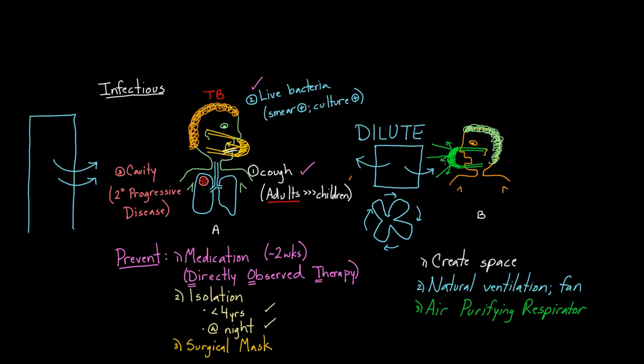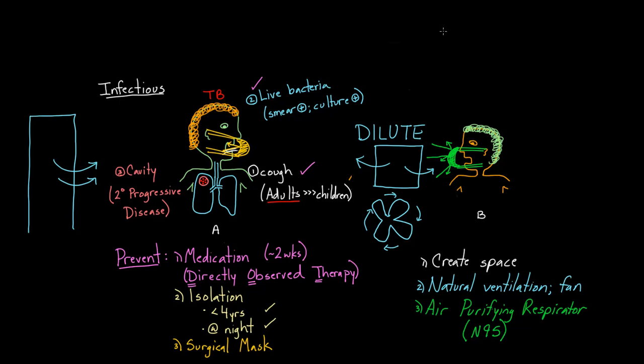It's going to make things bounce off essentially, or get caught inside the filter itself, and it won't allow TB particles into your nose or mouth. A common one here that you might have heard of or seen is called the N95. There are many other types as well, but that's one example of an air purifying respirator.